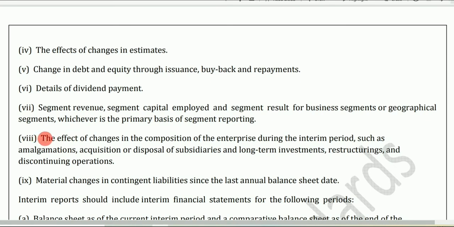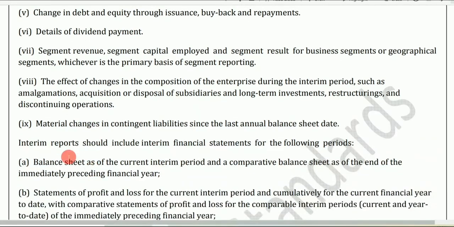Number 8, the effect of changes in the composition of enterprise during the interim period, such as amalgamations, acquisitions or disposal of subsidiaries and long-term investments, restructuring and discontinuing operations. Number 9, material changes in contingent liabilities since the last annual balance sheet date.